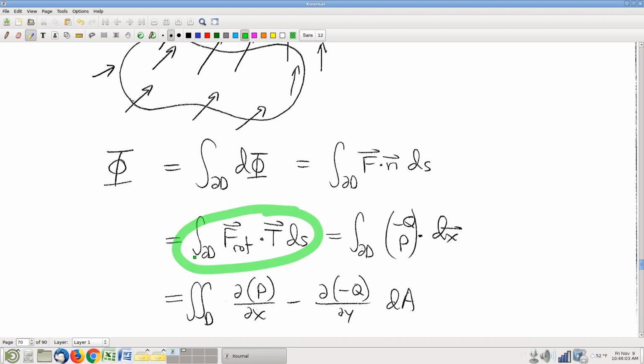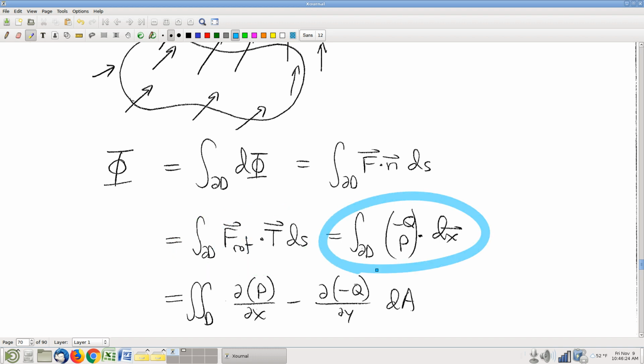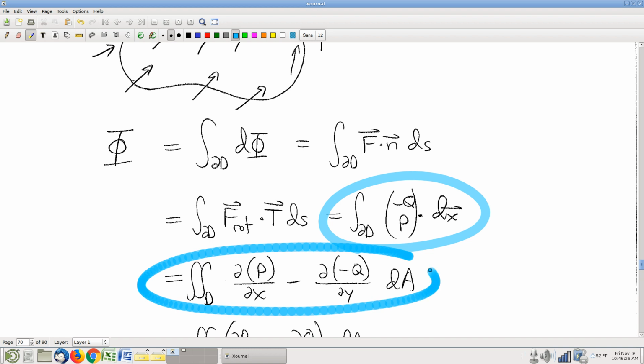So this is, in fact, a circulation. It's not the circulation of bird flow along the boundary. It's the circulation of this other vector field, perpendicular to the bird flow, right? But nevertheless, it is a circulation around the boundary of this solid region. And so this being a circulation, we can compute that circulation with Green's theorem.